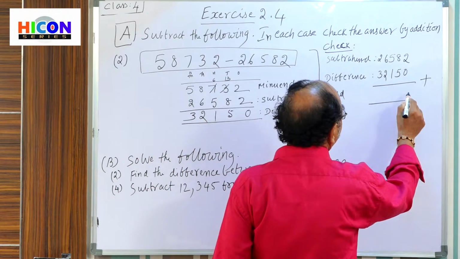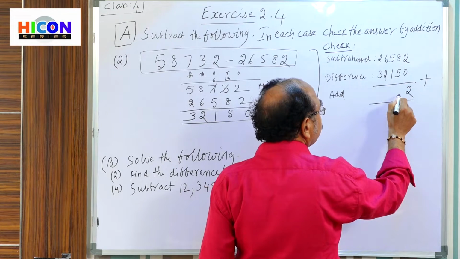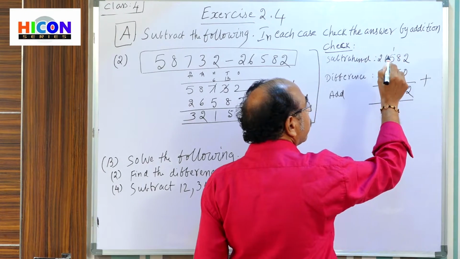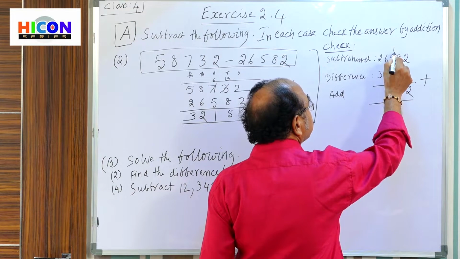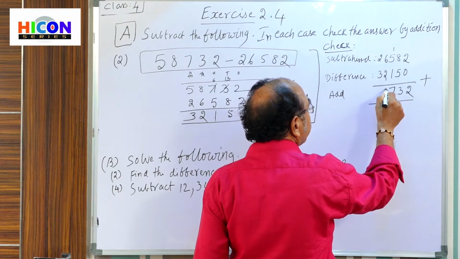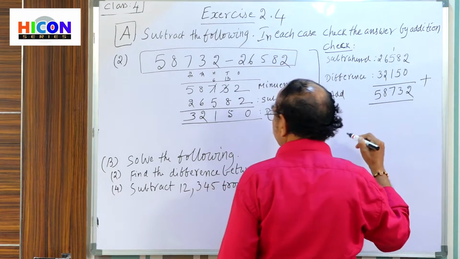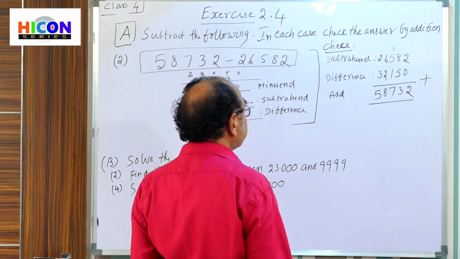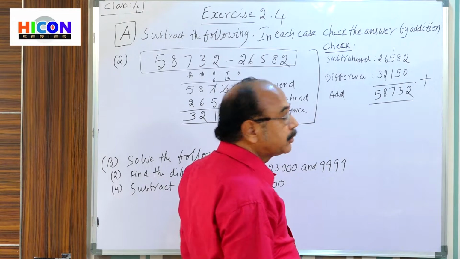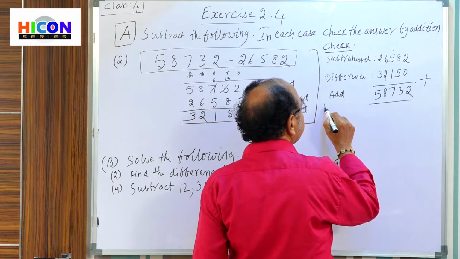2 plus 0, 2. 8 plus 5 is 13. Write 3 here. 1 is the carried. Now 5 plus 1, 6. 6 plus 1, 7. Now here 6 plus 2, 8. 2 plus 3, 5. 58,732. We got the minuend.